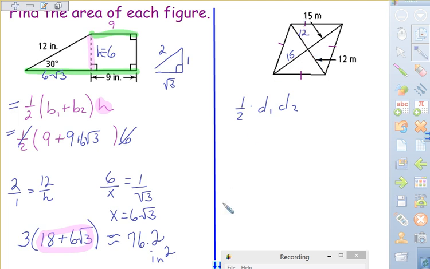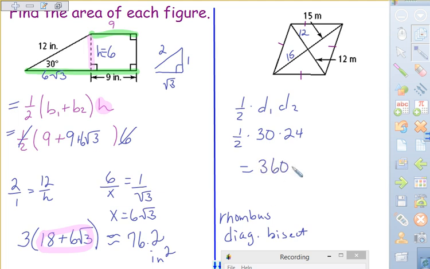Maybe we should write that down. Rhombus. Diagonals bisect. So the 15 turns into a 30, and the 12 turns into a 24. So we get 360 square meters.